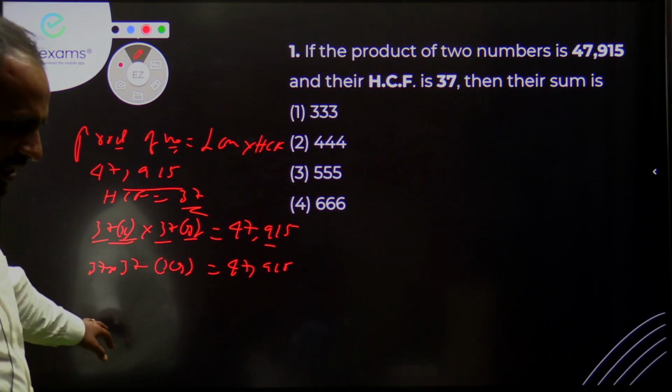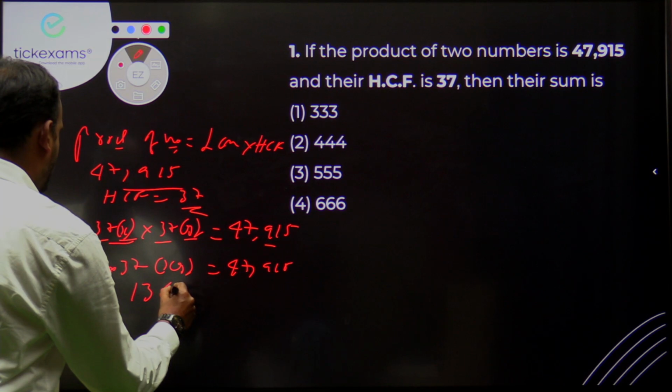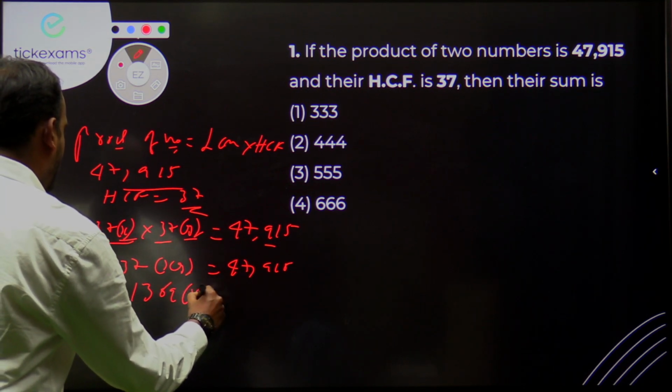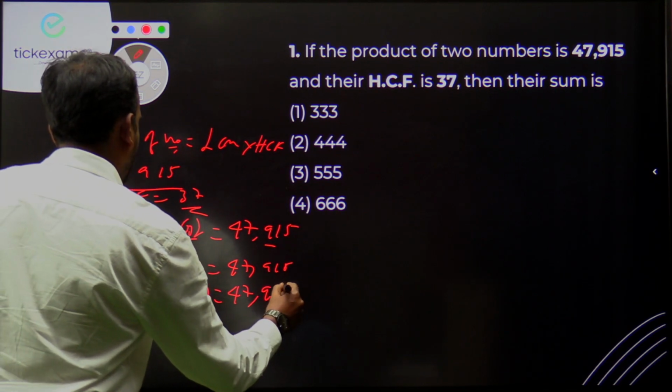Now 37 into 37, we get 1,369 into x into y is equal to 47,915.